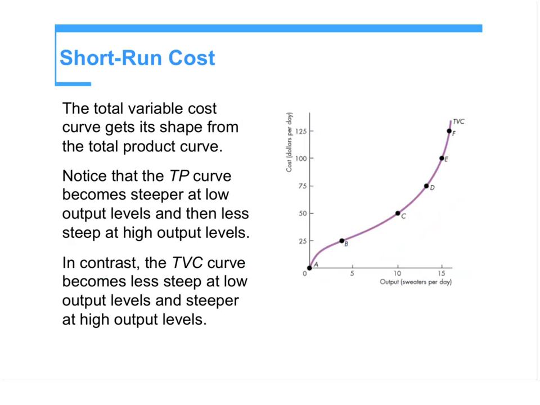The total variable cost curve gets its shape from the total product curve. The total product curve, or total possibility frontier in a sense, gives the shape to total variable cost. The total product curve becomes steeper at low output levels and then less steep at high output levels.